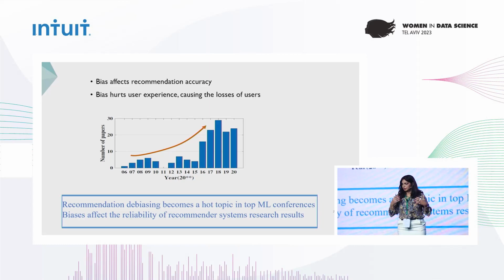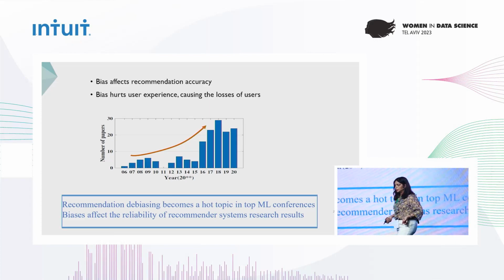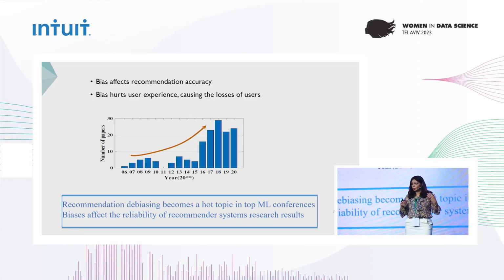It affects recommendation accuracy, and of course it hurts users and so on. So the research community tries to come up with a lot of solutions for this phenomenon, and we see more and more papers about debiasing and how to handle bias specifically in the recommender system field.